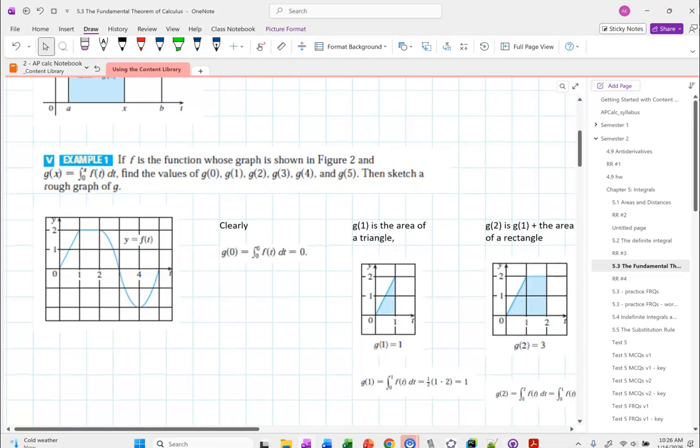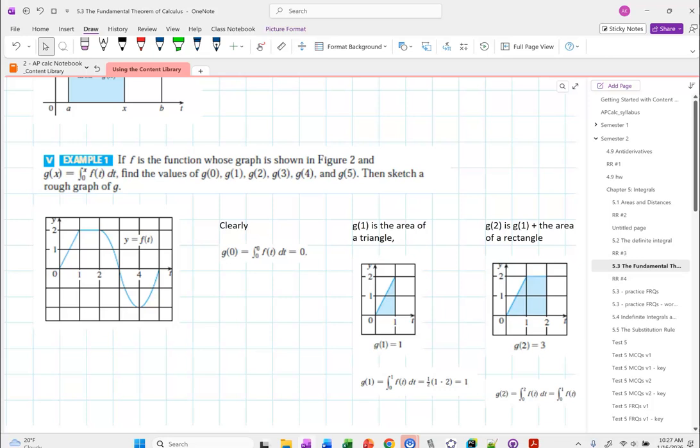So if I have my function g of x equals the integral from 0 to x of f of t dt, and I want to calculate these values for g of x, and I'm given this curve, well, if x is 0, then I plug 0 in, and if the upper and lower bounds are the same, we know that integral is 0, right?